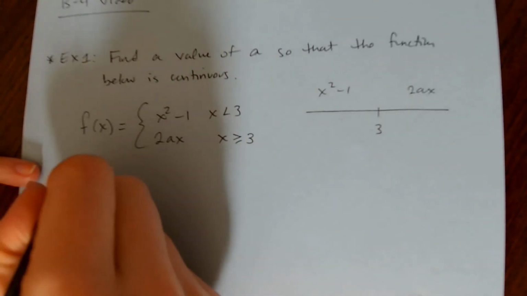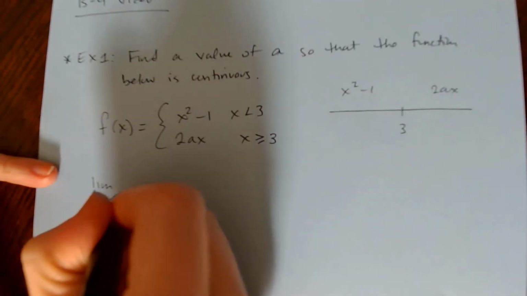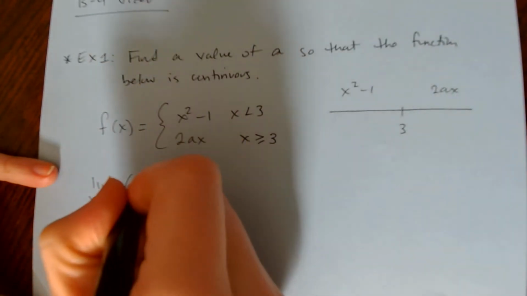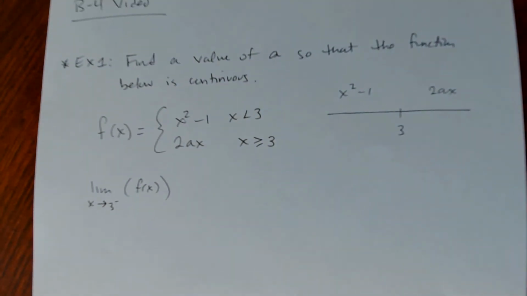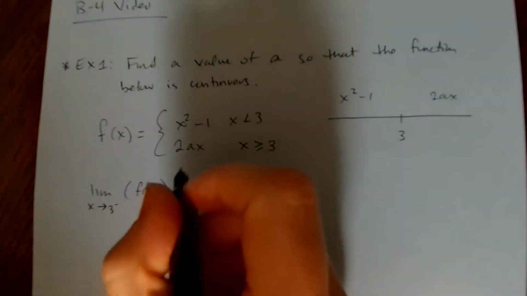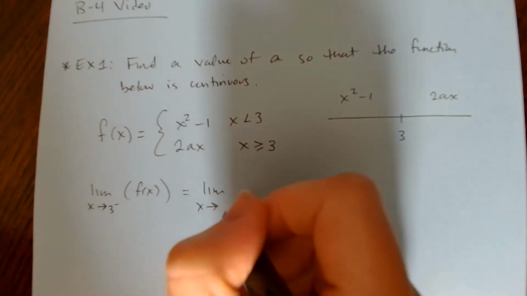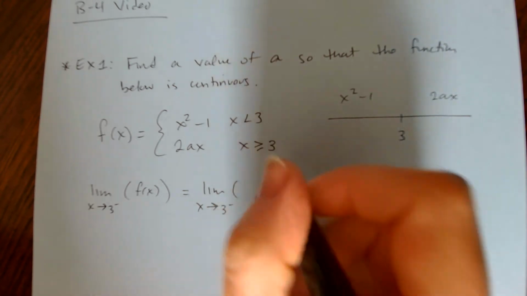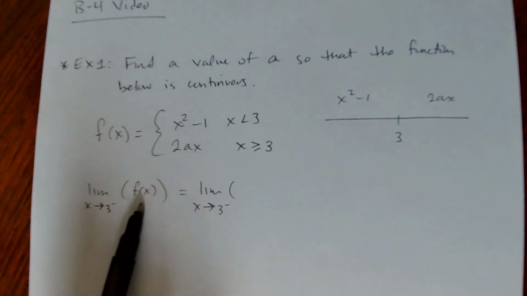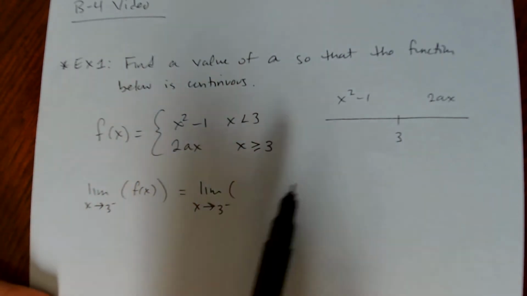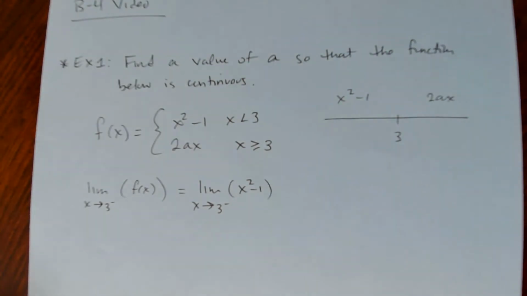So I go, the limit as x approaches 3 from the left of f of x. So this limit, guys, is the limit as x approaches 3 from the left. If our x values are to the left of 3, then f of x is defined as x squared minus 1.